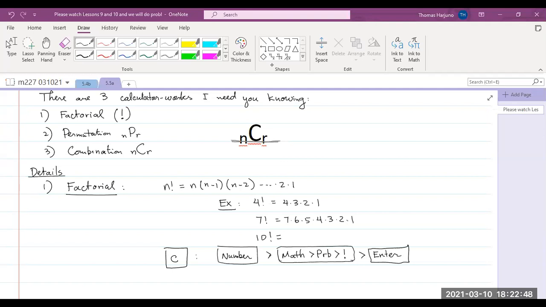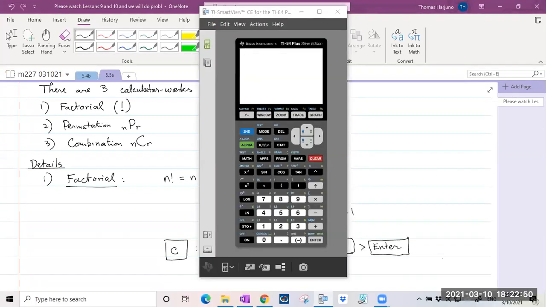Okay, now let's see. Suppose I want to do 7 factorial. You punch 7 first, and then go to math. Do you see this? The third from the top on the first column on the left-hand side, math, and move your cursor to PRB. That PRB actually stands for probability. Then you scroll down until you see that exclamation mark, and then you press enter.